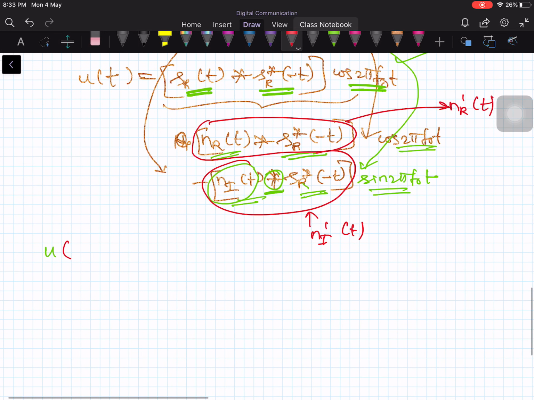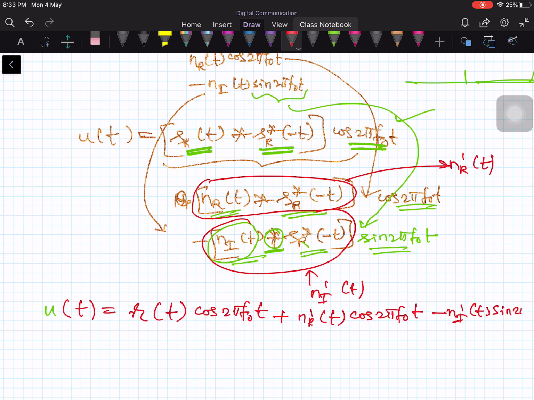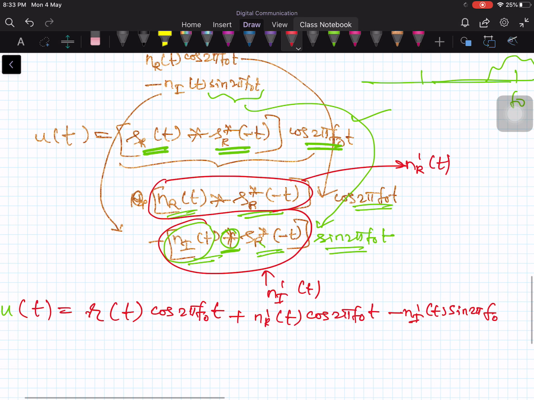Therefore your u of t is equal to this one, the whole thing, let me say r of t, into cos of 2 pi f naught t plus n sub r dash of t times cos of 2 pi f naught t minus n sub I dash of t sine of 2 pi f naught t.